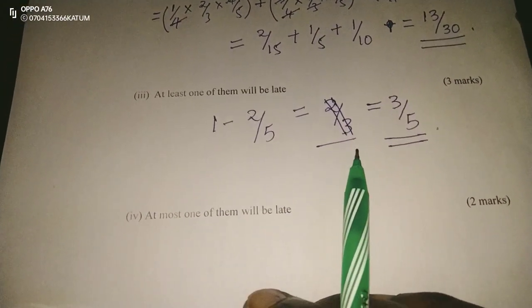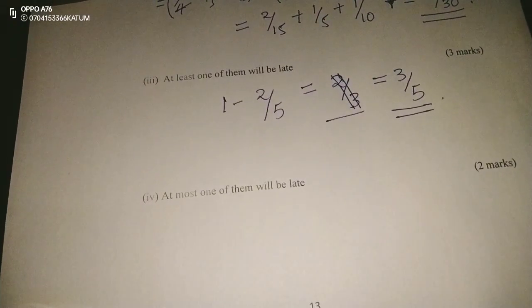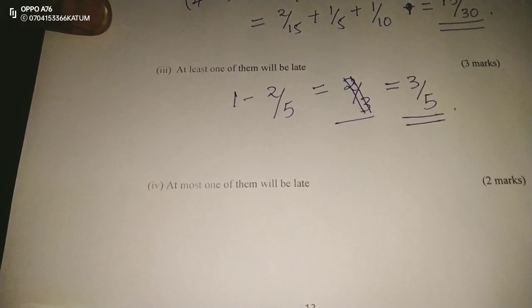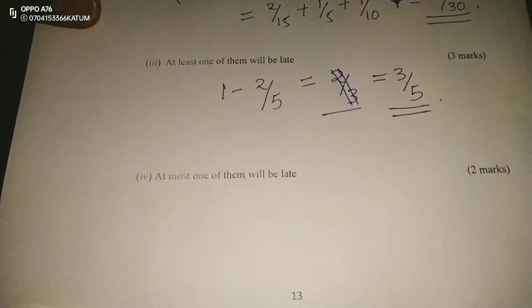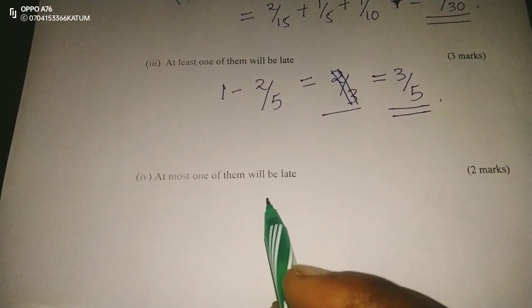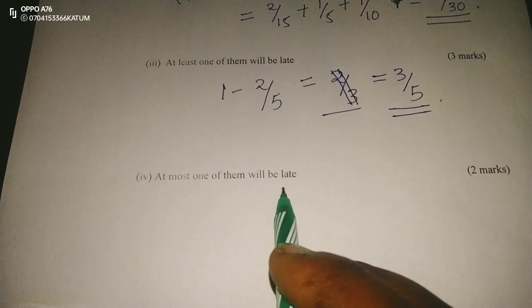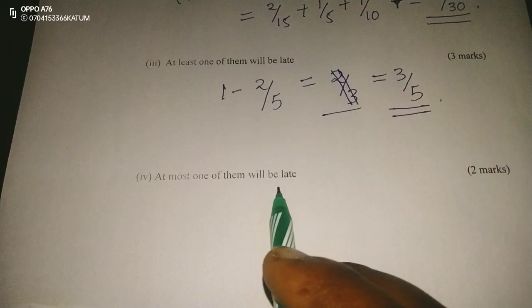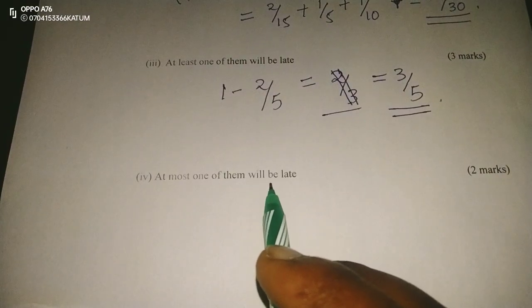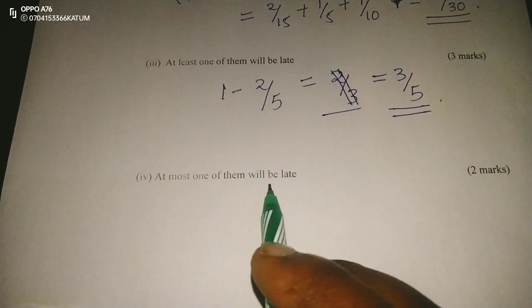Then the last part is at most one of them. At most one is going to be late. So at most one means where the person who is late is either one or nobody is late.